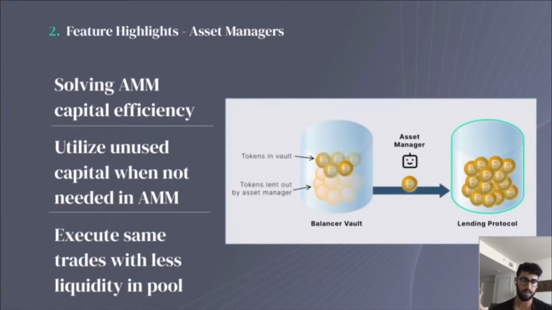Another, a pretty big game changer, is that the asset manager can take those tokens and lend them to a lending protocol and therefore maximize yield on those tokens, maximizing the return that the LPs, the liquidity providers in that pool, are receiving for their capital.